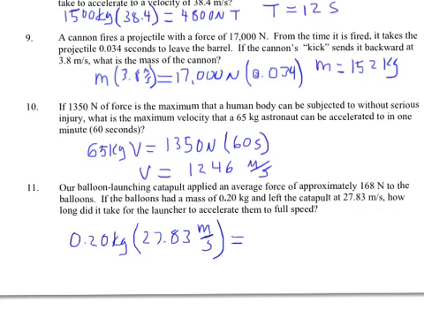And then the force being applied is 168 newtons. And what we want to know is how long were they being fired for? So once again, I'm going to say this times this and then divide it by that. You can see it's not going to be a very big number because this times this is not going to be very big, and then I'm going to divide it by the largest number of the three. And so what that gives me is the time is going to be 0.033 seconds.